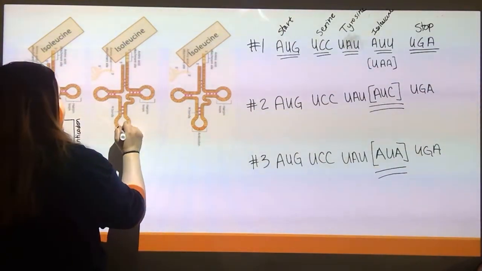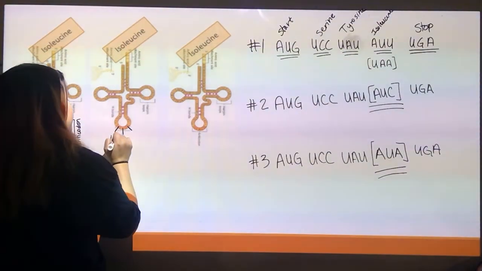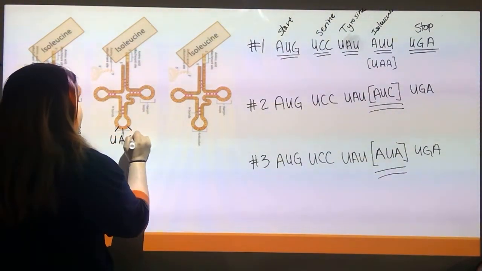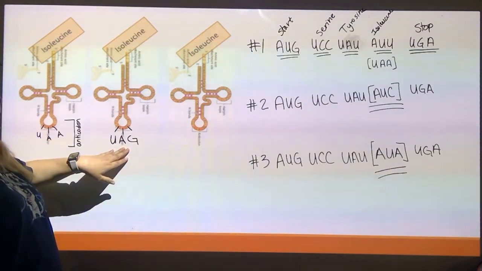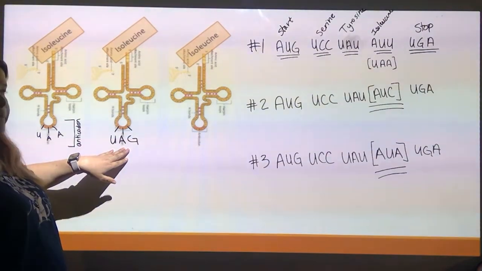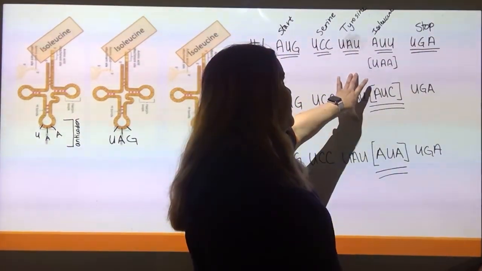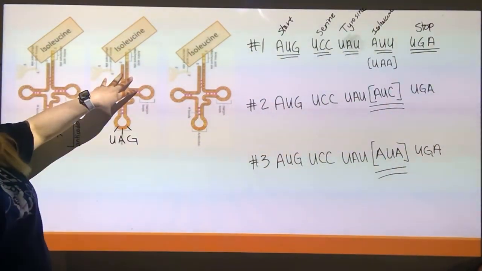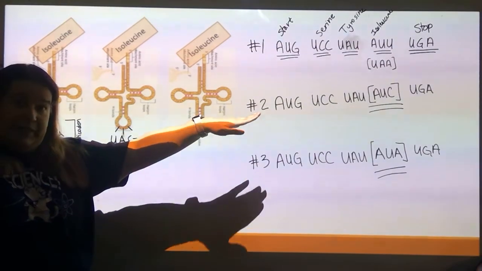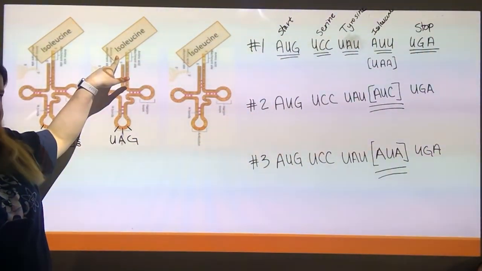So in the case of sequence number 2, I would have a transfer RNA that has the anticodon, the complement to AUC. So I would start here, put a serine, put a tyrosine. When I got to this, it would be this transfer RNA that gives me the complement sequence to bring the right amino acid.